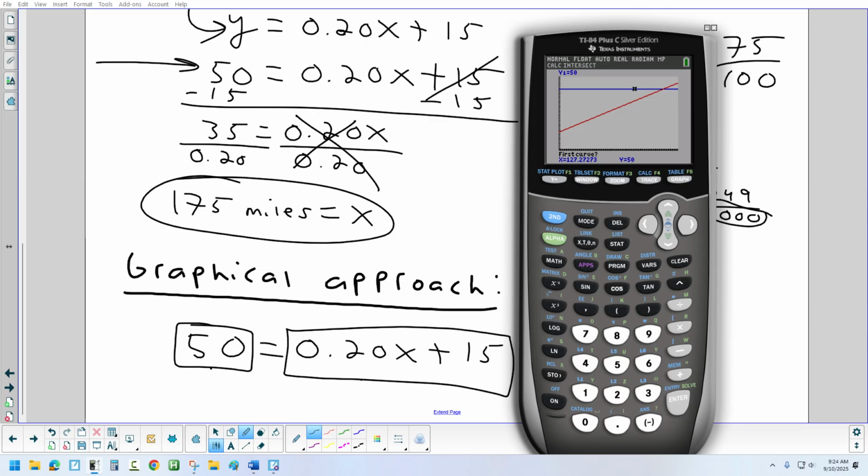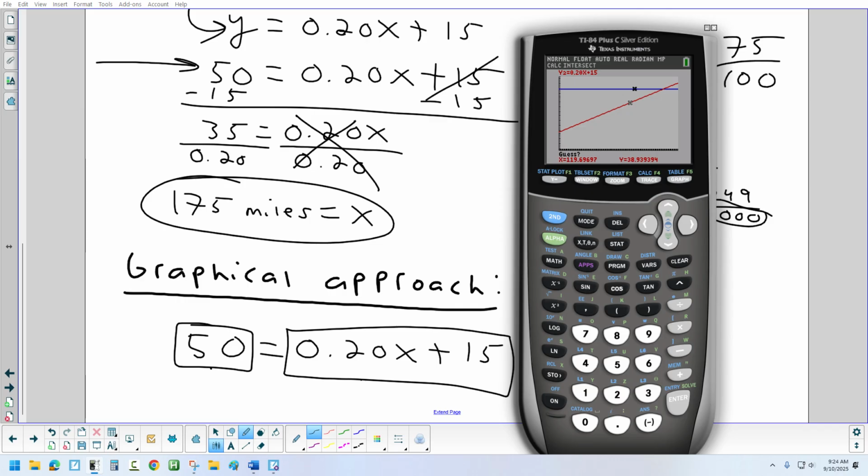But you have to hit enter. Once you hit enter, it'll come up and say second curve. What it's asking for now is what is the second line that you want to use to find where it crosses another line. So we want to use the red one. Again, you can put your cursor anywhere you want. You're just telling it it's the red one.